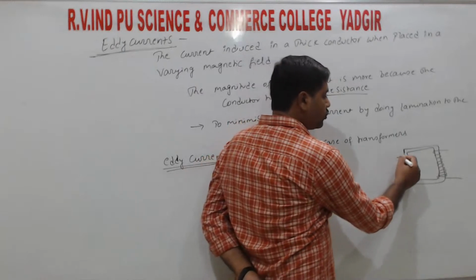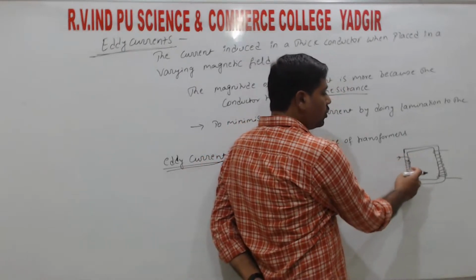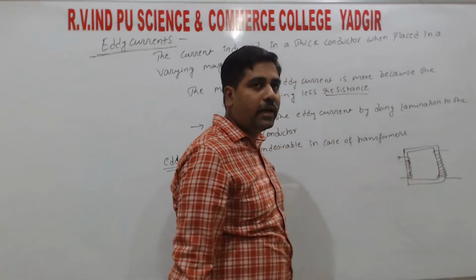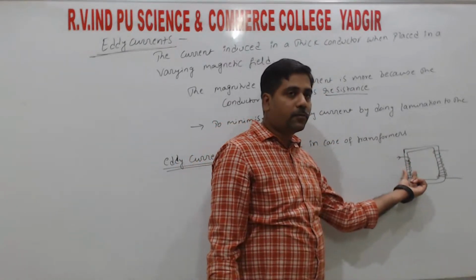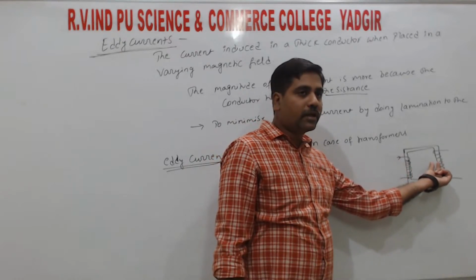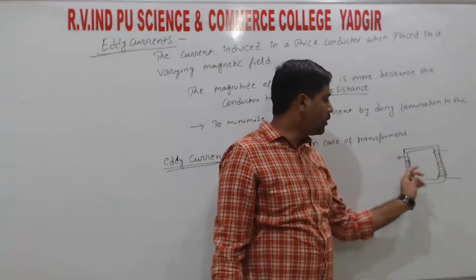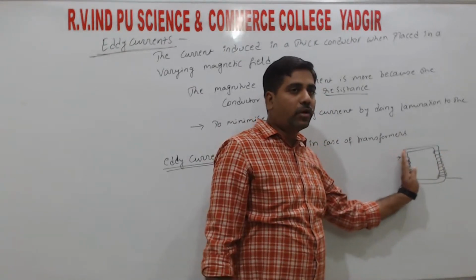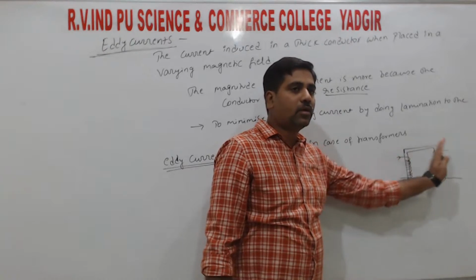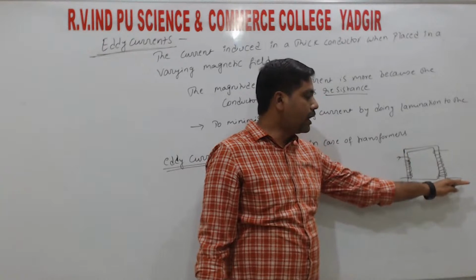When an alternating source is applied to the coil, magnetic flux is produced. That magnetic flux links to the secondary coil and hence current is produced. That means we are converting high voltage to low voltage and high current to low current, and also low voltage to high voltage and low current to high current, right?